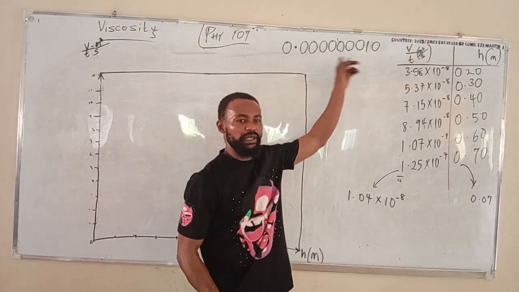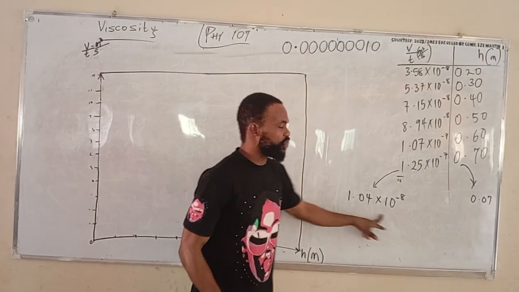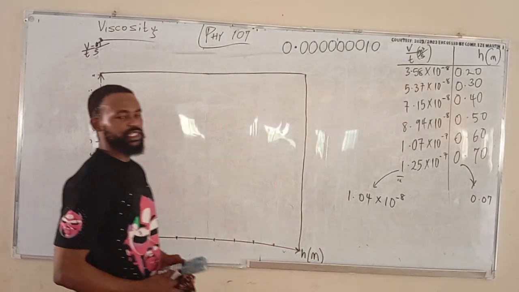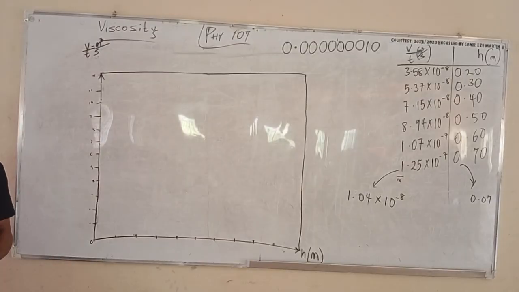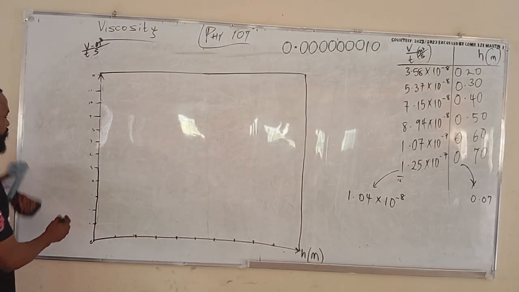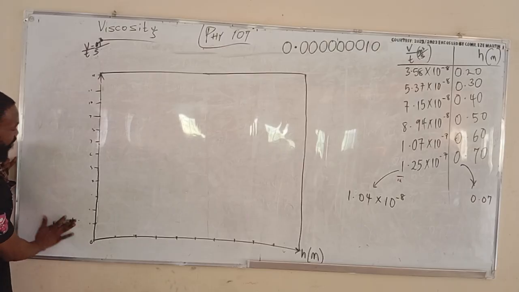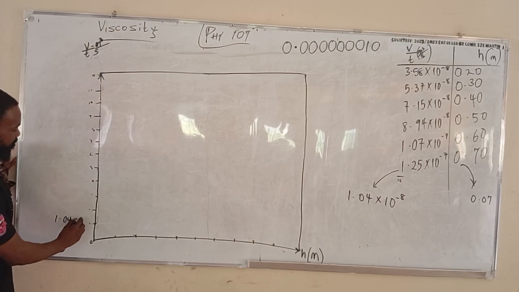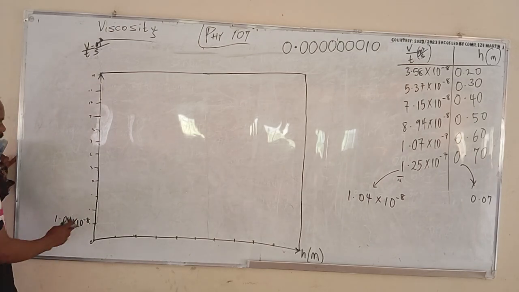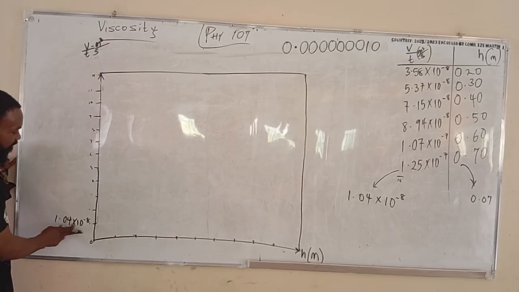Do this now two times for me. Add this twice. What do you have? Times it by 2. What do you have? 2 points. Notice, this one is the first one that has 1.04 times 10 raised to the power minus 8. Times this particular value again by 2.